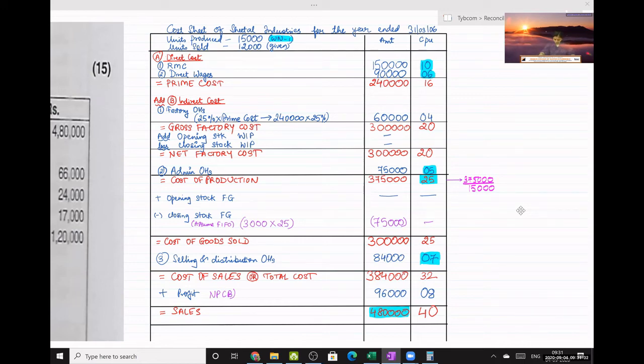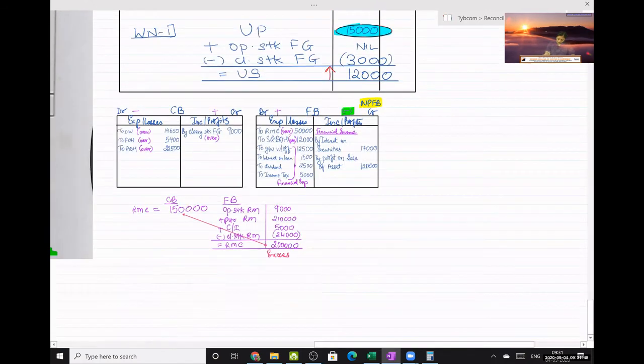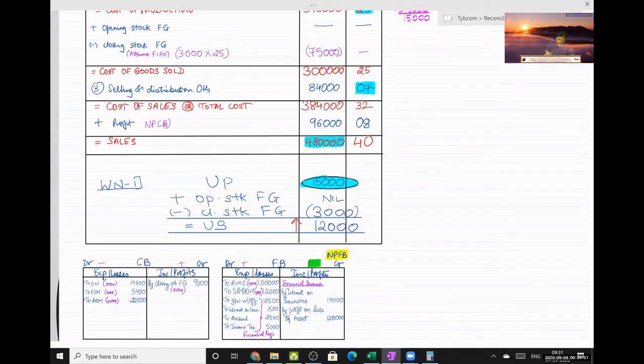I mean, start solving it. Anyways, it is already solved. You just have to add in less the items. Okay, fine. Done, Shreyas? Okay, chalo. Cool. So, let us make a reconciliation statement. Okay. Let's start.